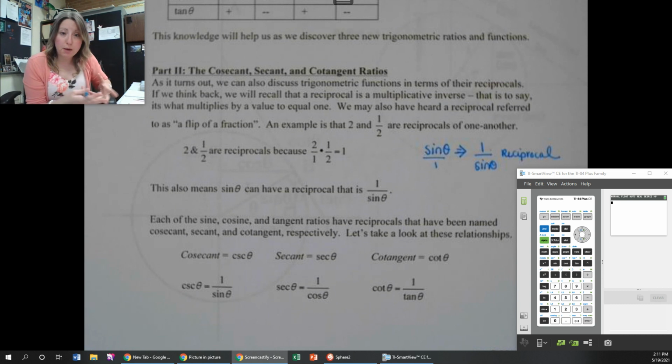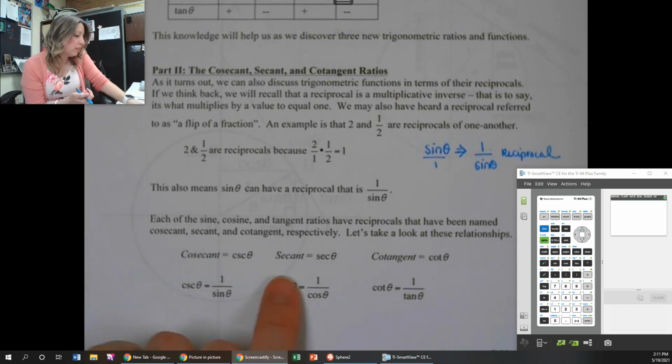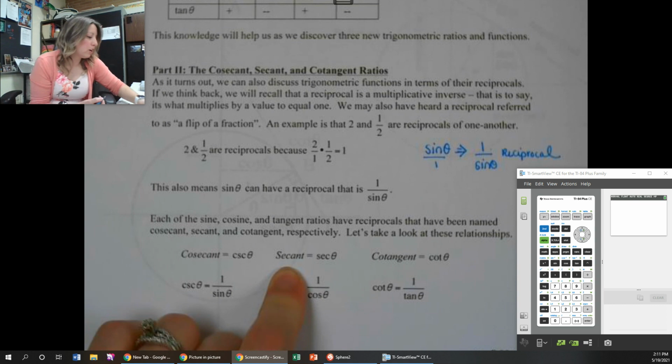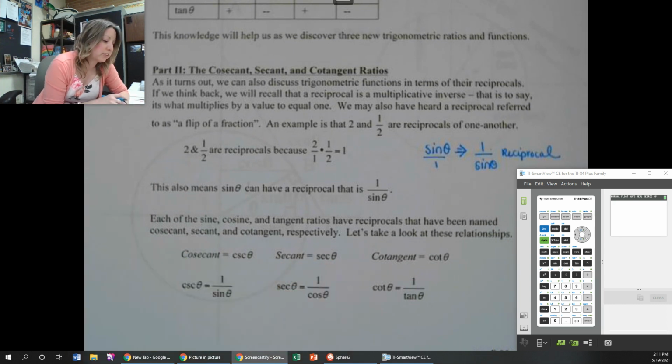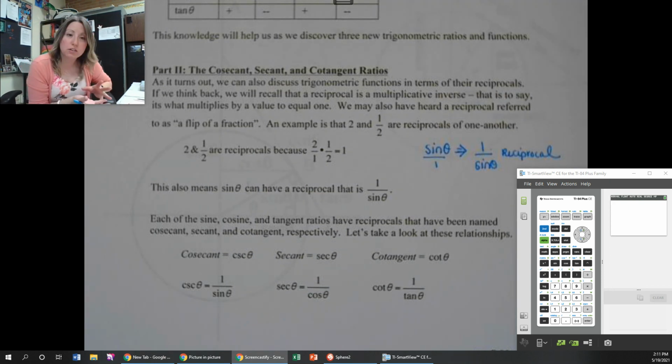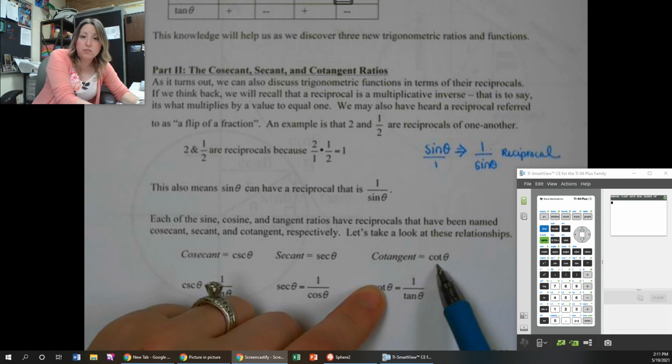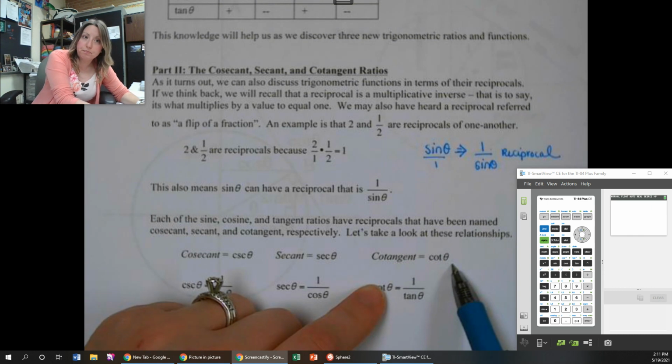When you flip cosine over, make its reciprocal, you get secant. And that is abbreviated SEC, like second. And then when you flip tangent over and create its inverse or reciprocal ratio, you get cotangent, which is abbreviated COT.